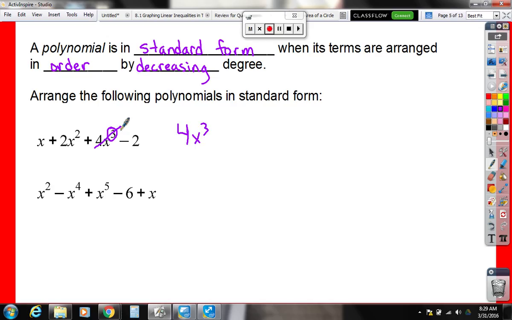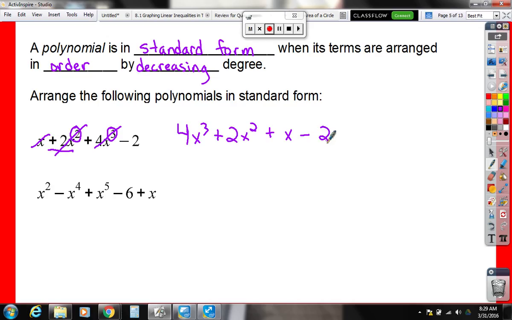And then I'll get rid of that. My next largest exponent is 2, so I'm going to put this term next, plus 2x squared. Next largest exponent is 1, so plus x. And the next largest exponent is actually 0. We don't have it written here, but when there's no x, we could think of it as x to the 0 power, because anything to the 0 power is what? No, it's not 0. Anything to the 0 power is 1.